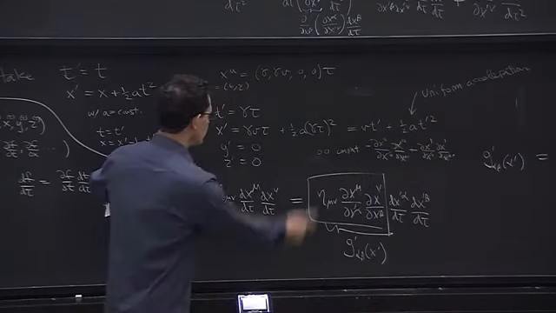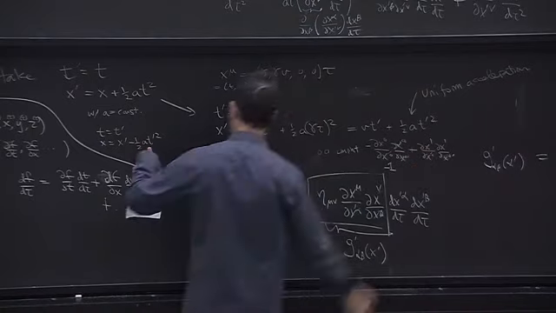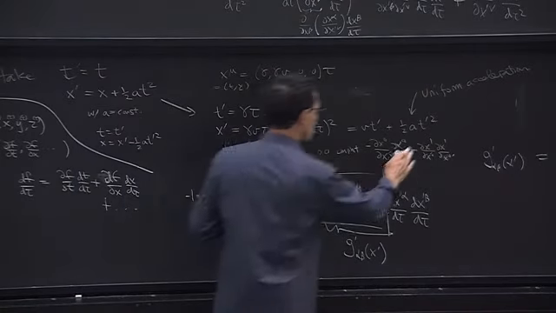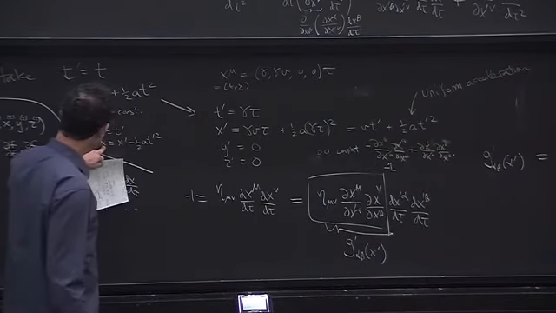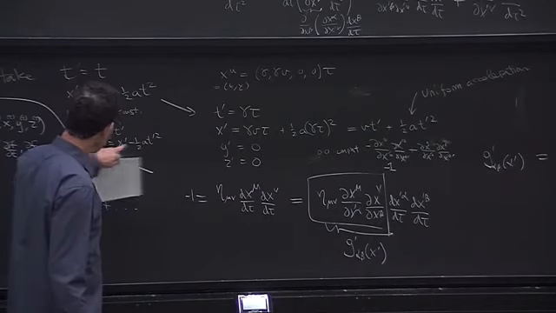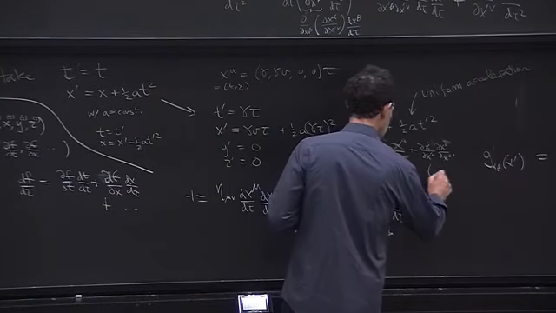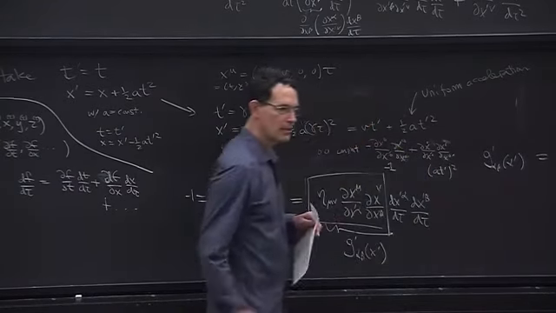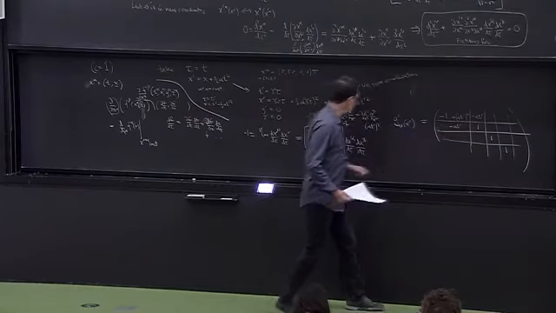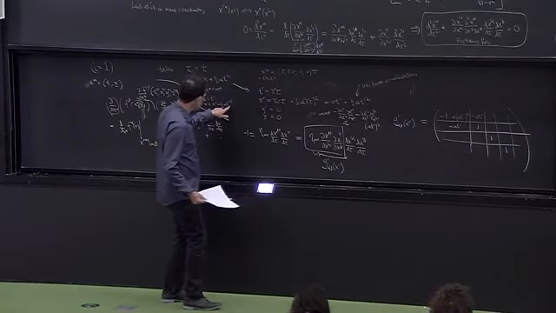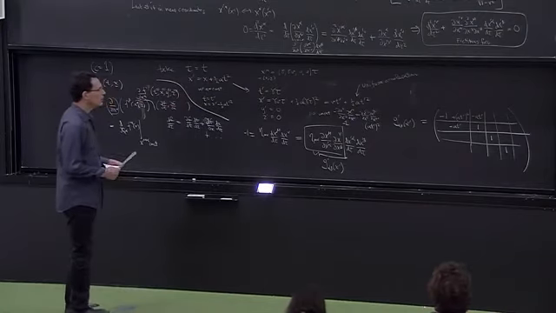This term is just minus 1, because both of these are 1. This is dx1, dx0 prime, which is dx dt prime, which is a t prime. And so this is a squared t prime squared, etc. So literally just calculate, and you'll get these terms again, because the dx dt prime comes with dx dx prime.